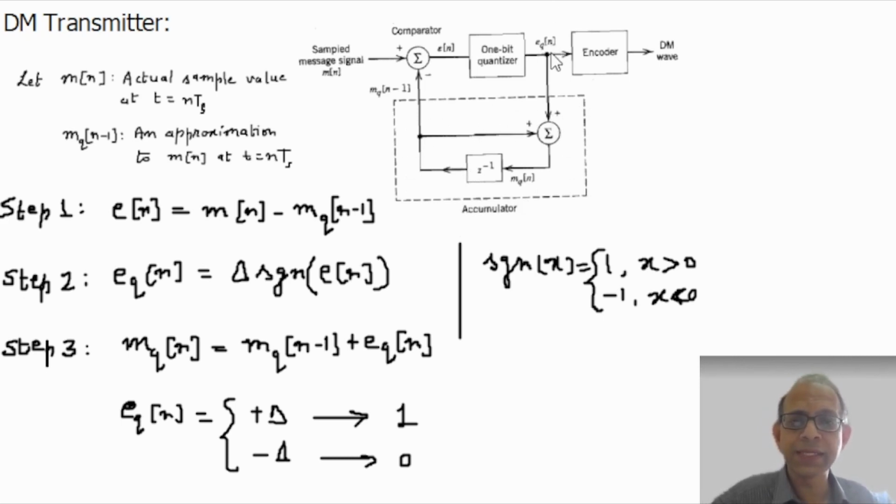And here this eq[n], which is either plus delta or minus delta, is encoded as ones and zeros, say 1, 0, 0, 1, and so on. So we get this bit stream 1, 0, 0, 1, 0, and so on, and that is transmitted. So this is the DM transmitter.